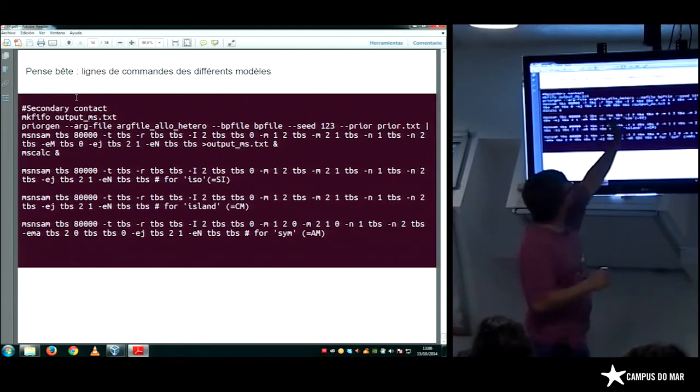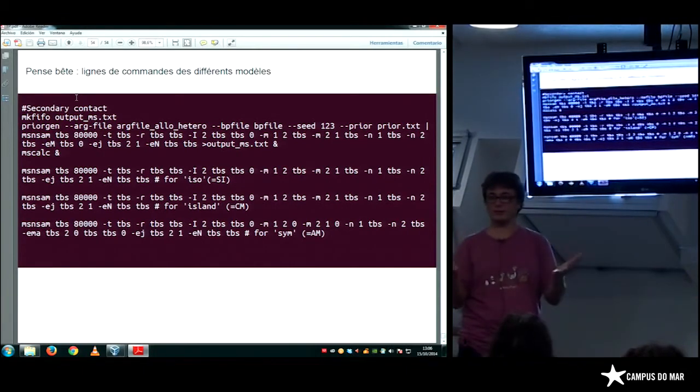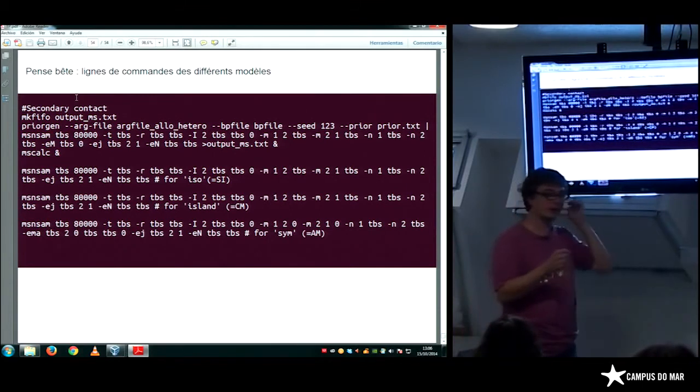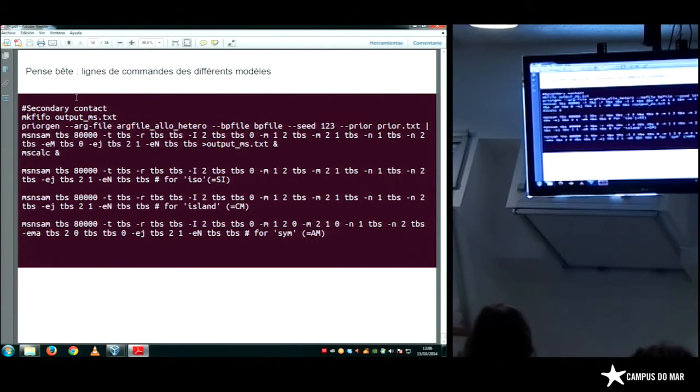And you put everything in a text file, which is the output of the simulation. Okay. So with MS, you can call the help, and you have the description of all the arguments, theta, R, Ej, M, N, all the parameters of the model you want to simulate.